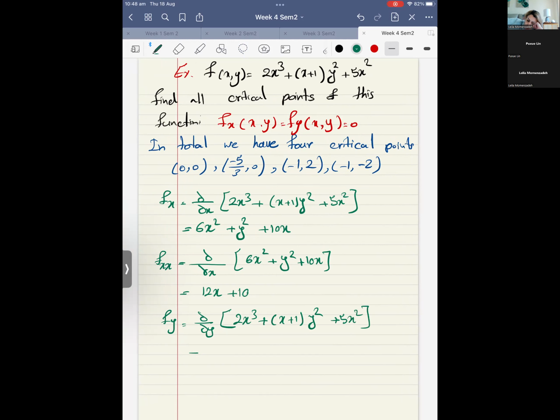It means that it equals 2(x plus 1)y, and f_yy is the partial with respect to y of 2(x plus 1)y, which would be equal to 2x plus 2.